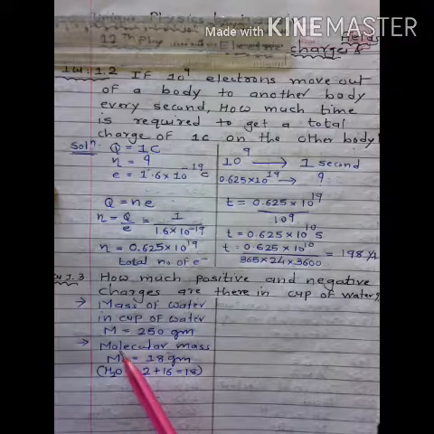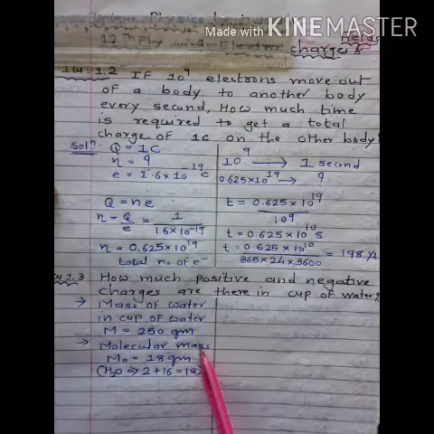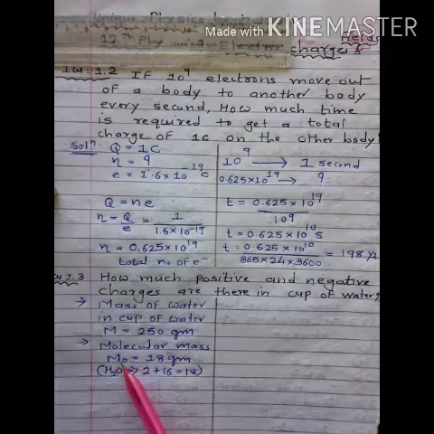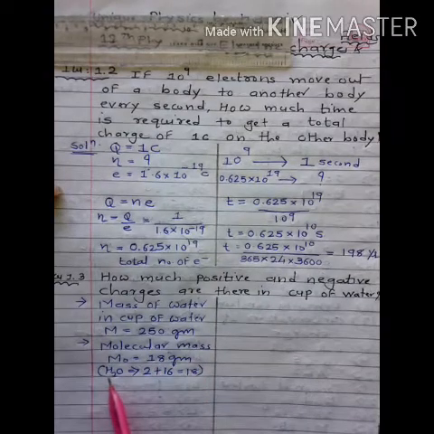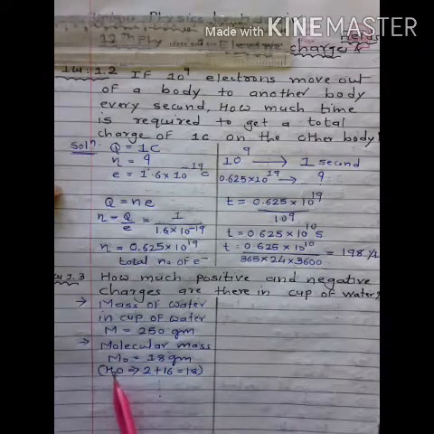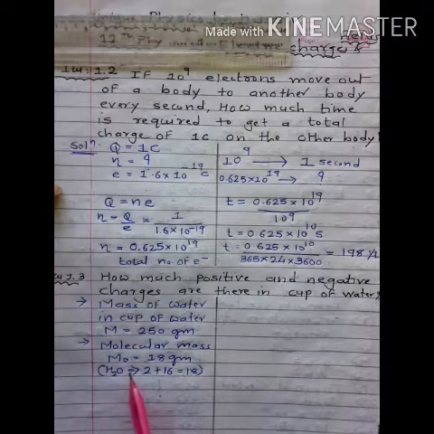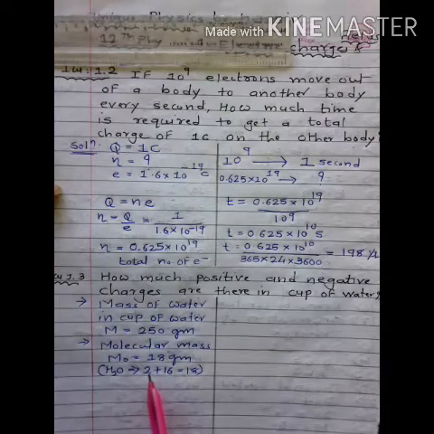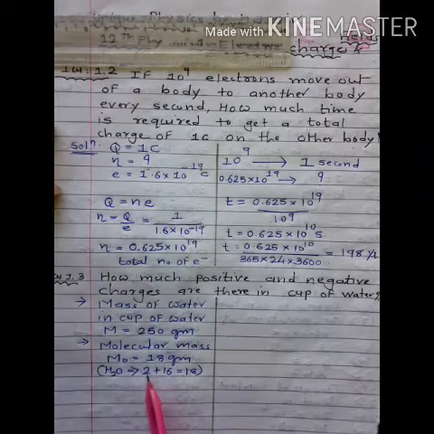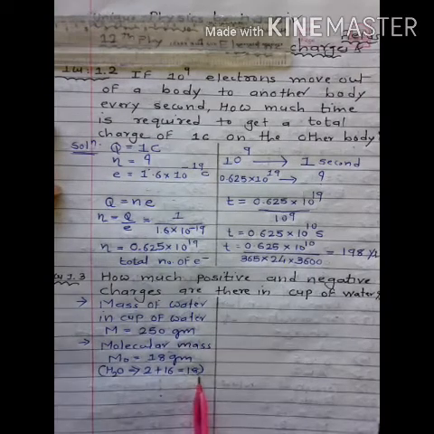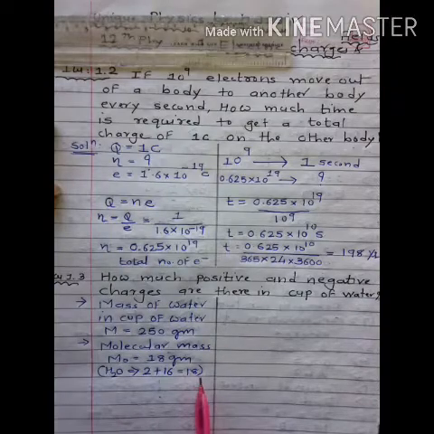Next, the molecular mass of water is denoted by Mo, and it is 18 gram. We know that a water molecule means H2O. Here we have two hydrogen atoms, so its mass is 2, plus an oxygen atom, so its mass is 16. So 2 plus 16, so the molecular mass of water is 18 gram.